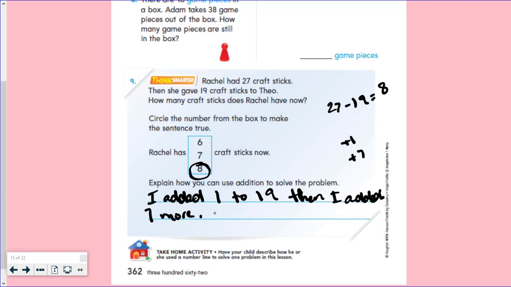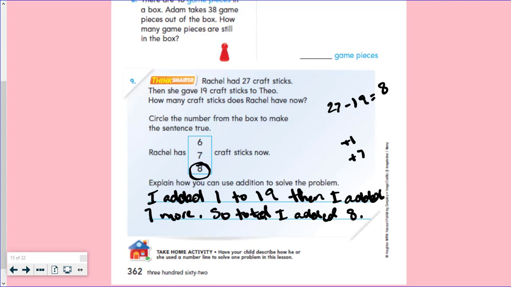Period. So total, I added 8. Right? So we counted up 8 hops total.